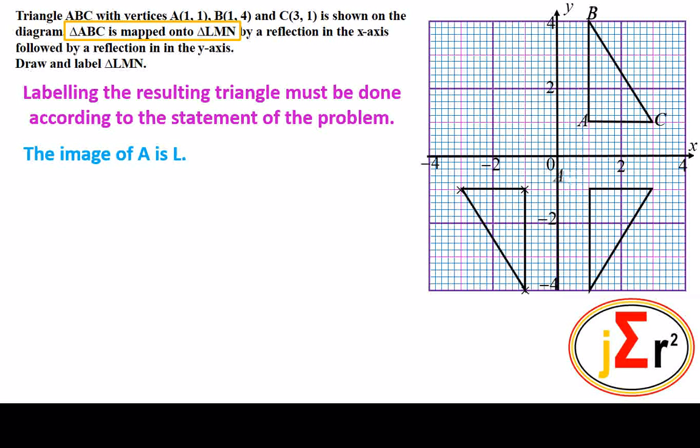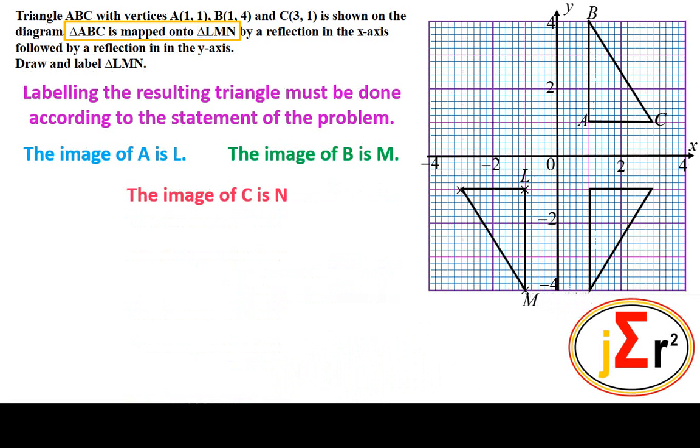So A, we are going to take a look at the movement of A in arriving at our final answer. So A begins right there, and the image of A is that one, which is L. And we will do the same for the image of B, which is M. So the image of B is M. What else do we say?